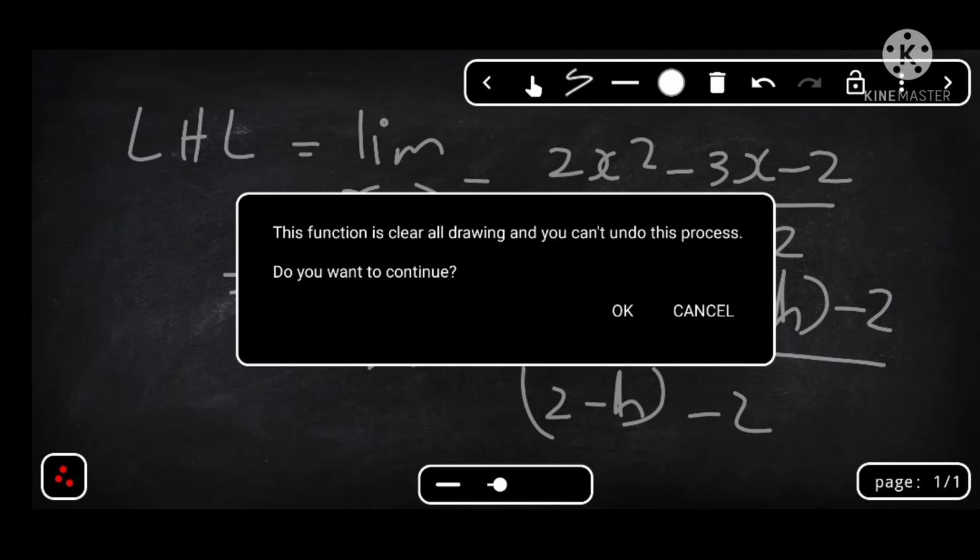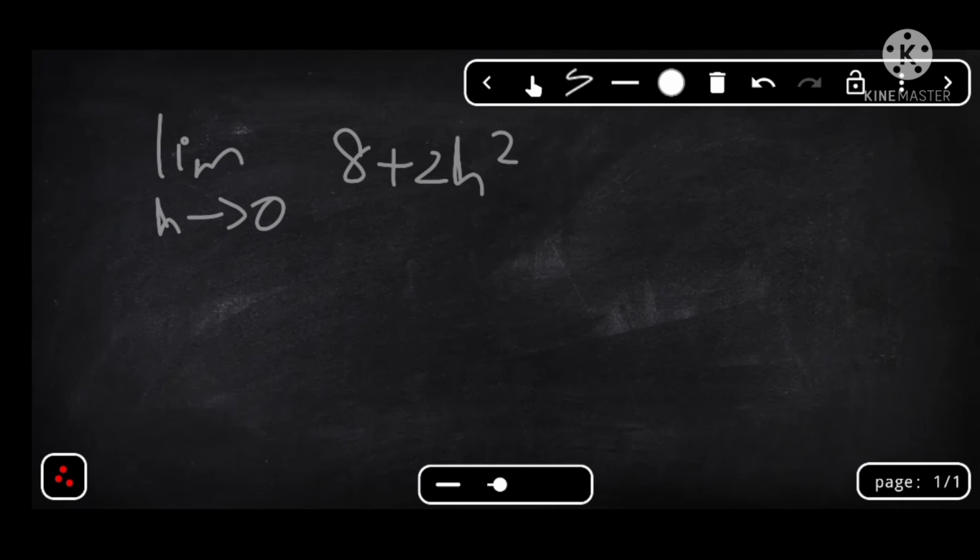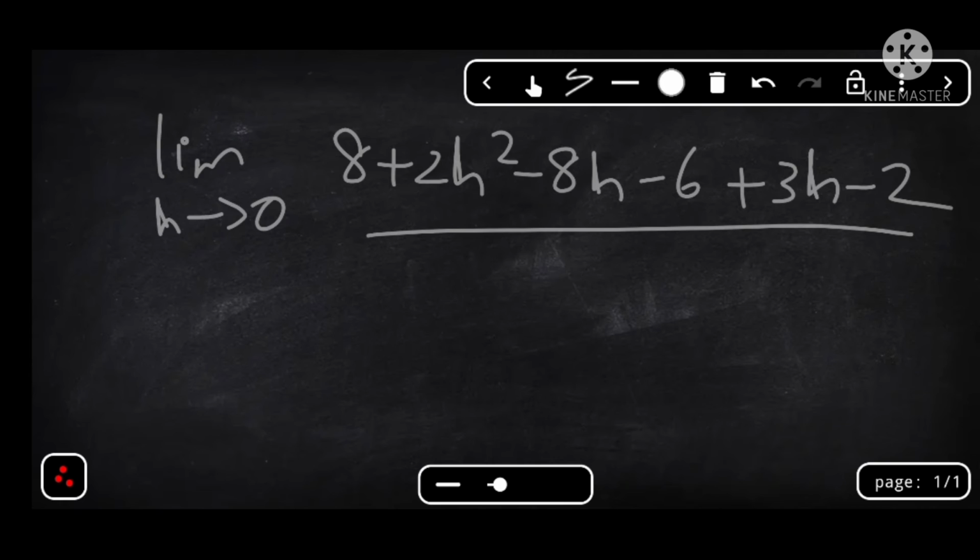So this is going to be the limit as h tends to 0 of (8 + 2h² − 8h − 6 + 3h − 2) divided by (−h). I have just simplified it. Just expand and simplify.